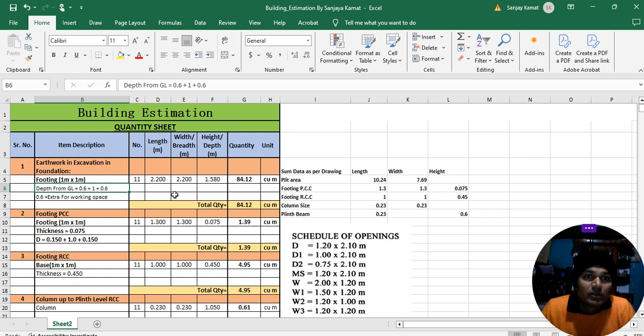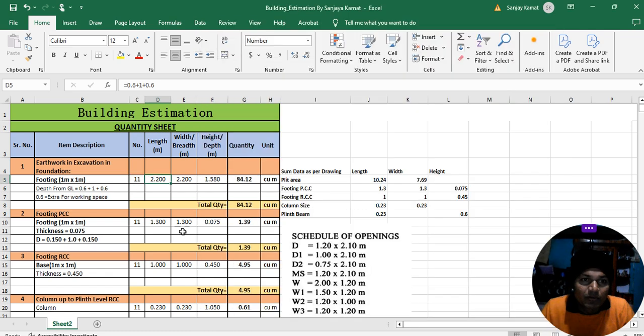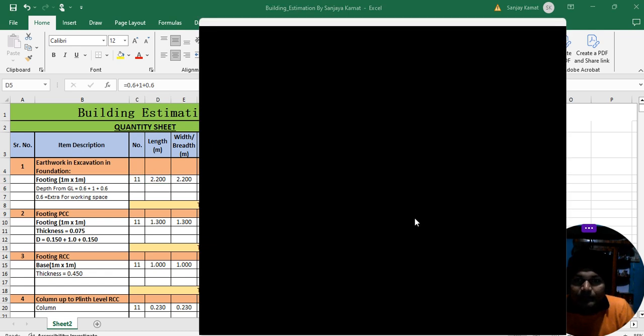So we have provided here the length, how much? 2.200 meter. Then width is how much? 2.00 meter. And height is how much? 1.580 meter. We have provided all this, so this is no more required now. How this came, I will show you now in the calculator. Is it opening?